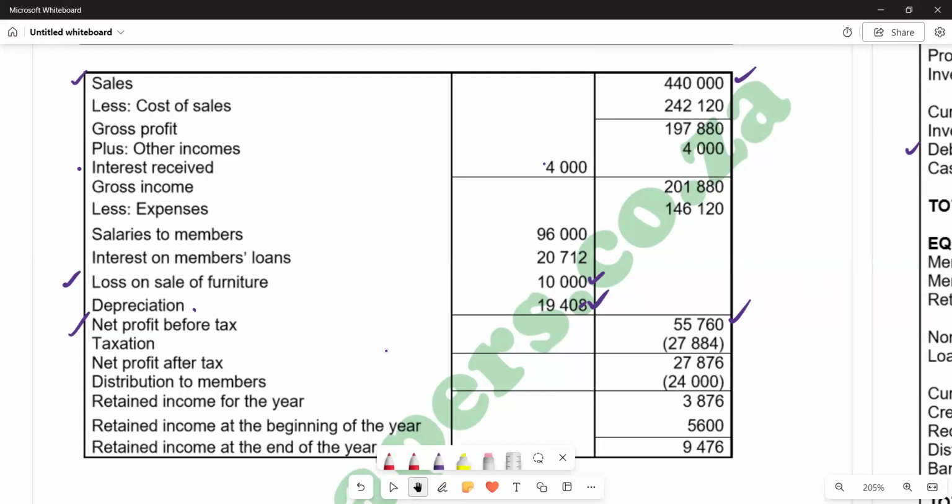Then we also have interest on members' loan, which is 20,712. At first we subtracted this interest on members' loan as an expense, but now we are going to do the opposite. We are going to add it. So that's what we are going to do for interest on members' loan. We just pick those two, which is interest on members' loan and interest received.